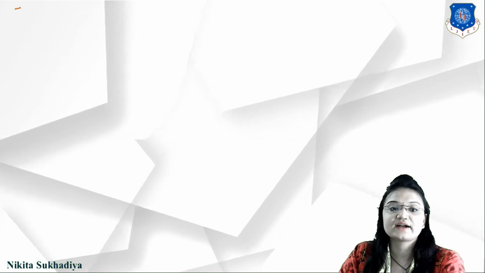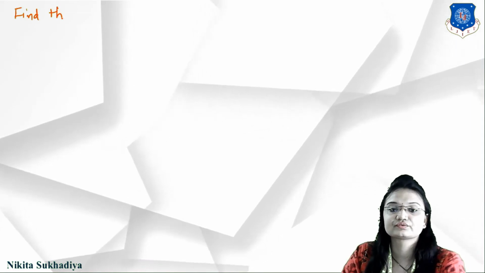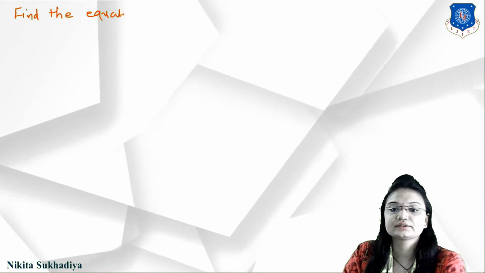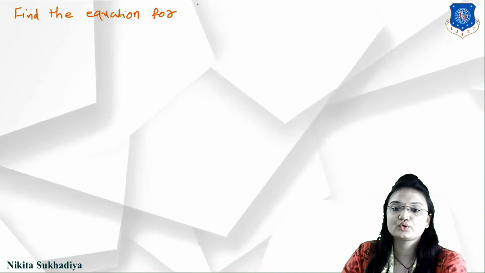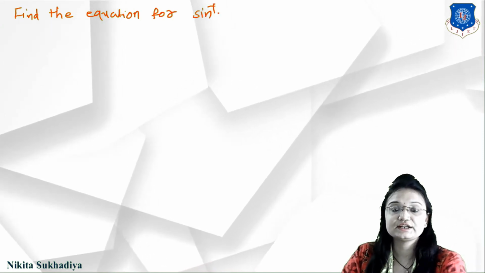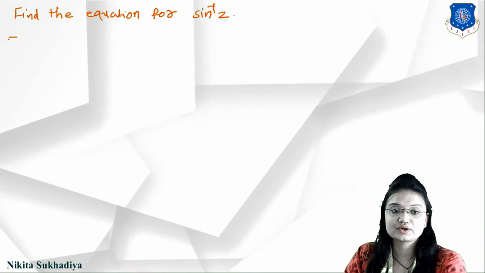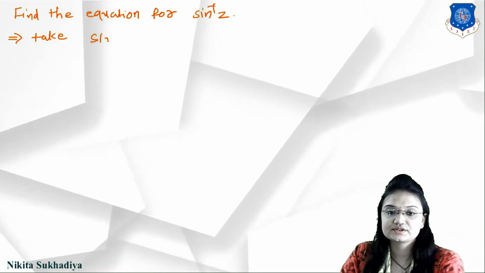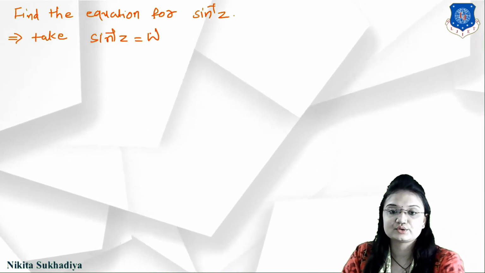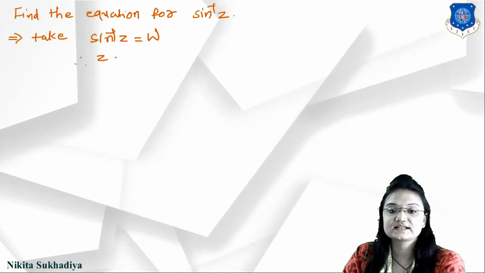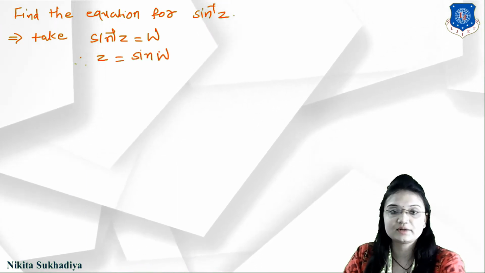Now our next question is to find the equation for sine inverse z. So here take sine inverse z is equal to w. So we can say that z is equal to sine w.